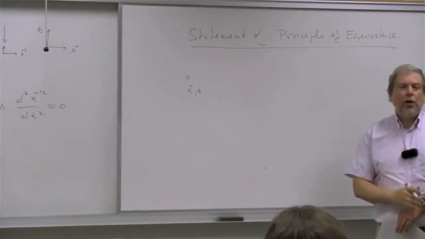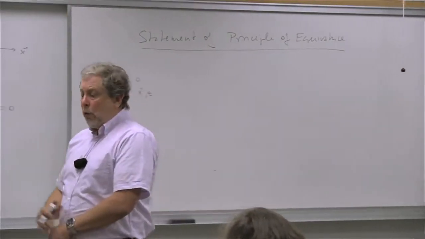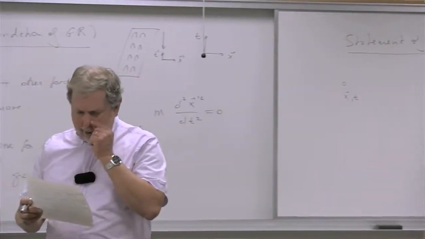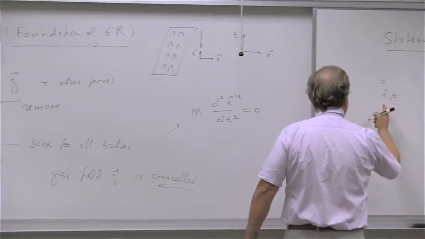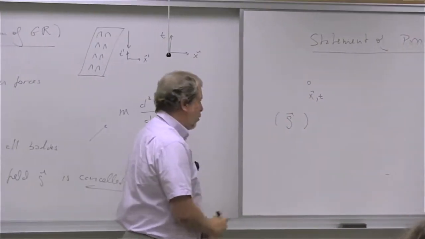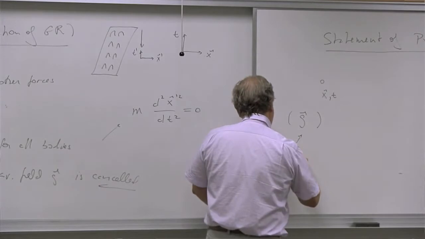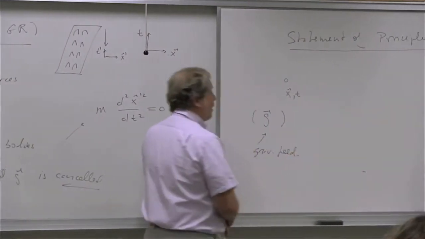So at every space-time point, we can do what? Well, we can do a transformation, and so that general space-time point is going to be subject to a gravitational field. Right? Otherwise, it's not very interesting.